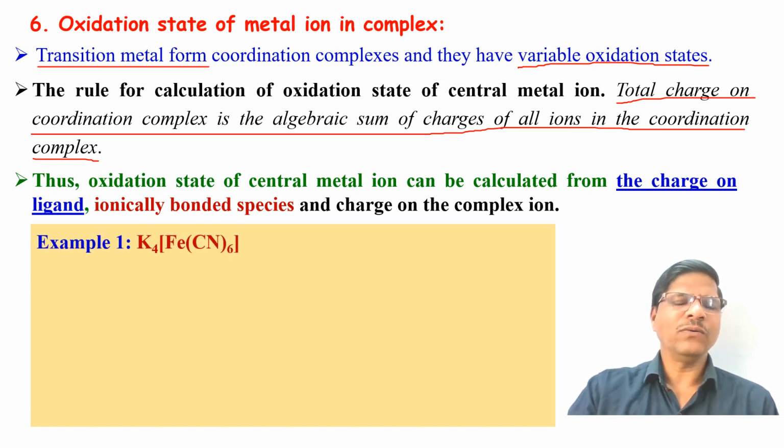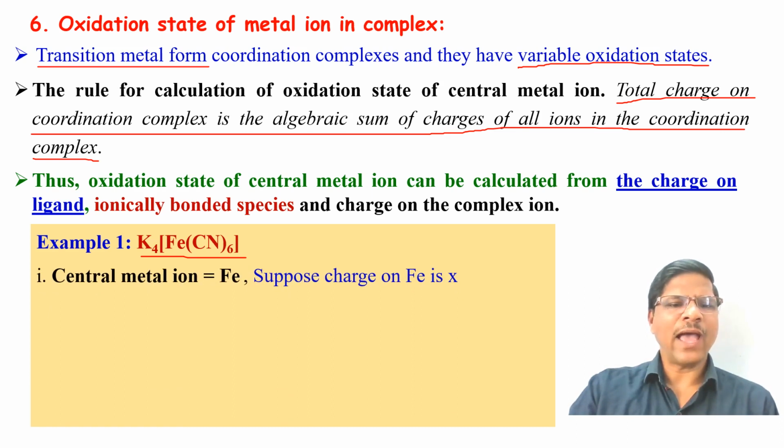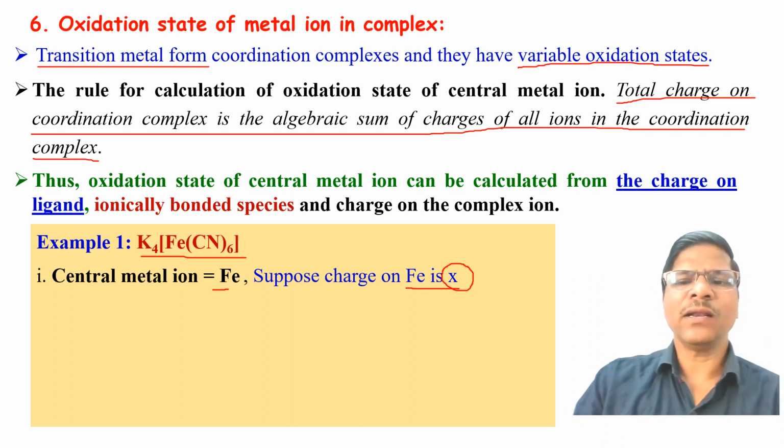Okay, so how? We have the very first example, K4[Fe(CN)6], potassium ferrocyanide. Iron is the central metal ion, and we suppose the oxidation state or the charge on the iron is X, and X is to be calculated.